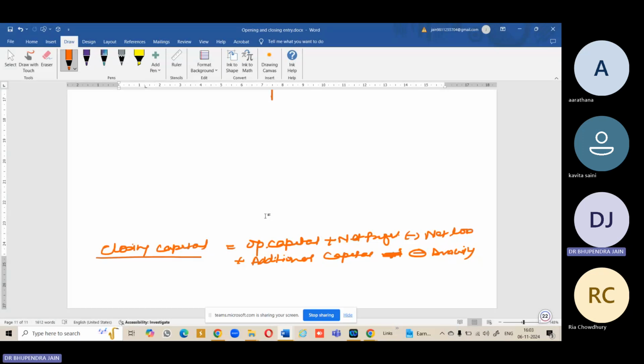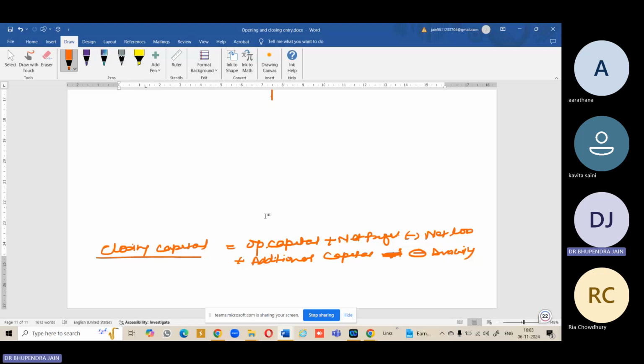Suppose you record more purchases on the debit side. What will be the effect of the more purchases recorded on the debit side? Suppose you record 5,000 rupees as a purchase amount extra.